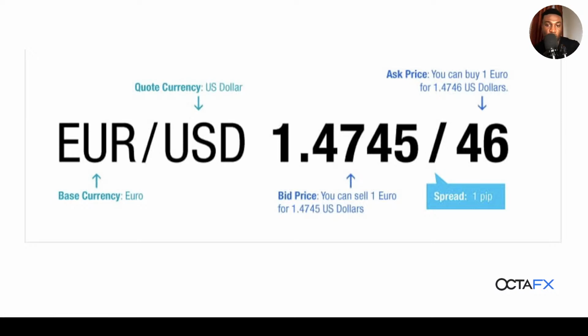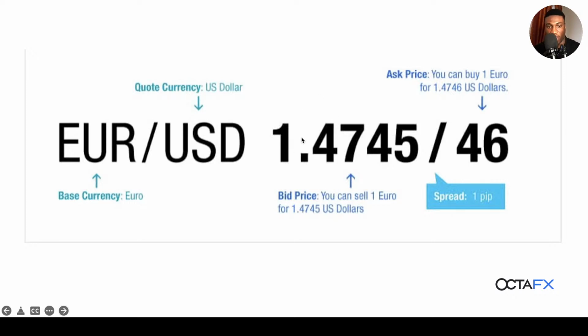Remember the example I gave on USD NGN, and the exchange rate was 410. What does that mean? That means that you need 410 naira, which was the quote currency, right? Naira came second, USD came before NGN, and the exchange rate was 410. It's the same thing here with this 1.4745.